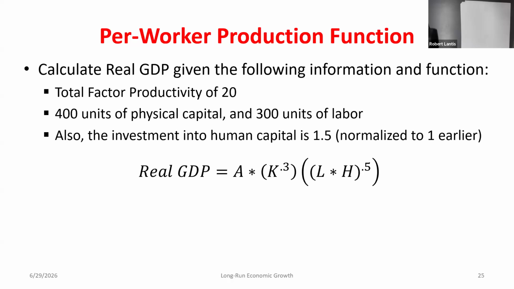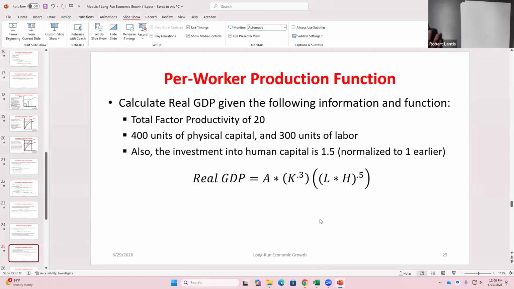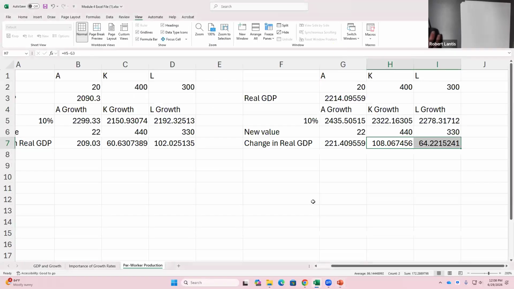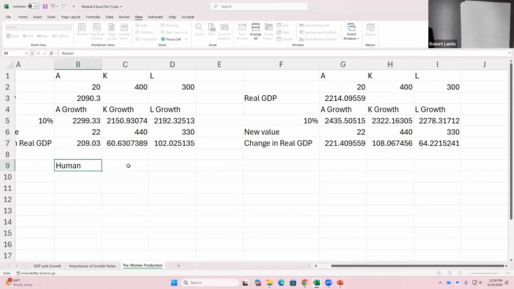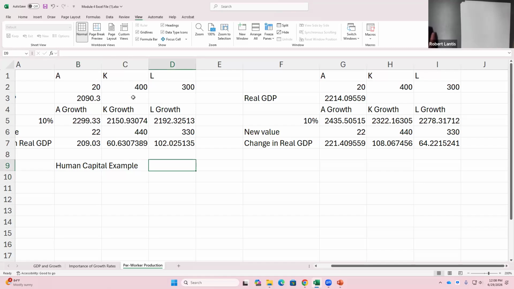But if I did have increases in human capital, so it's not normalized to 1, it's 1.5. Okay? If I do that, what would be the new level of output that I get? Well, we could go back to our calculation. So if I think about this as a human capital example, let's assume we don't have any of those changes that we had before. We're just working with the initial numbers.